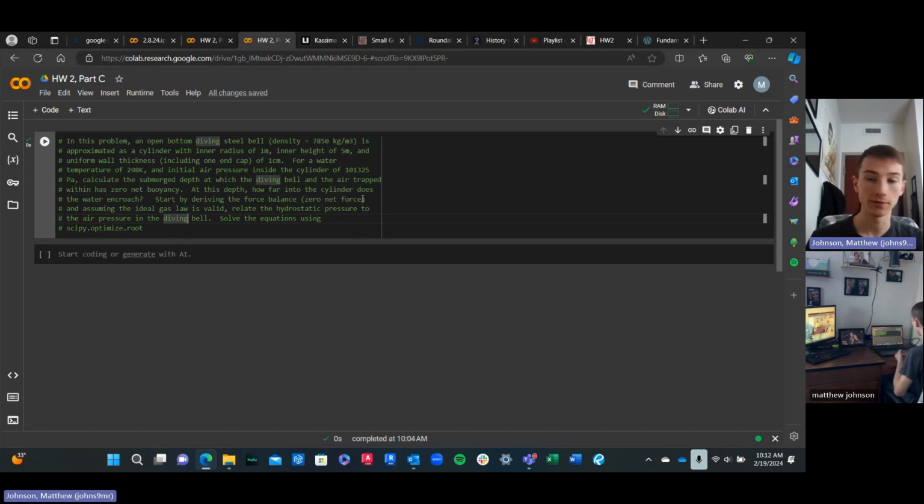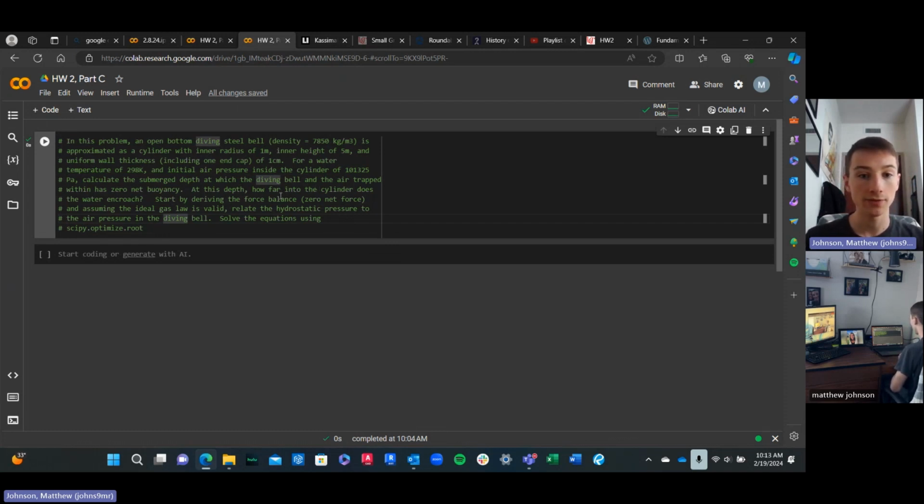So remember, we came up with our force balance equation and then our pressure balance equation. What this problem then gives us is a bunch of these variables. We've defined them now, given them numbers, and we're going to be solving for, you can see here, the submerged depth. That's D in our equation, at which the diving bell and the air entrapped within has zero net buoyancy.